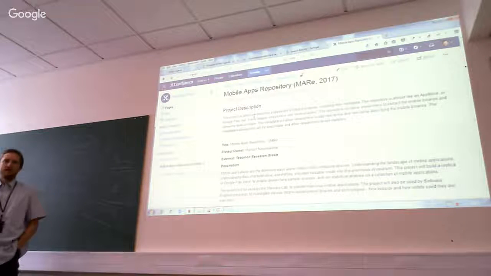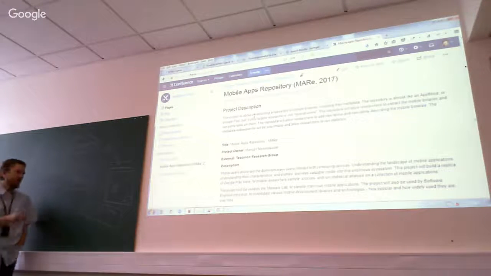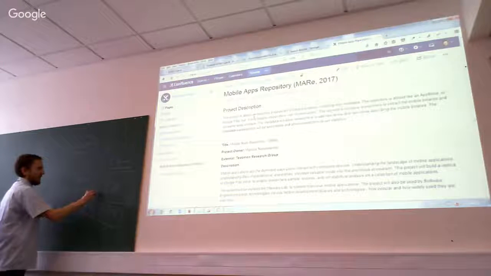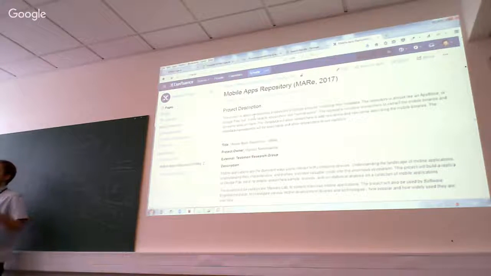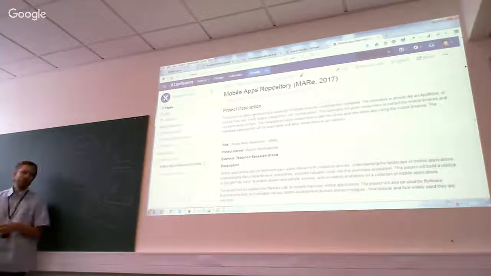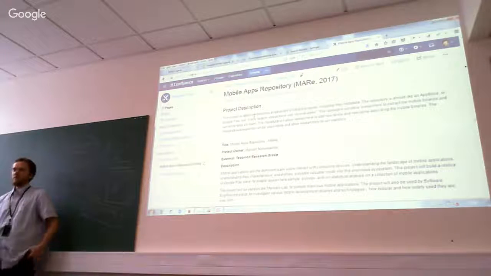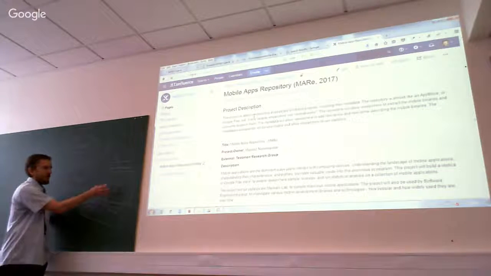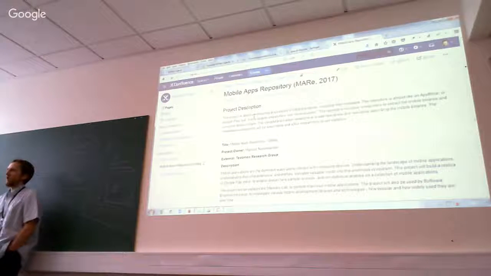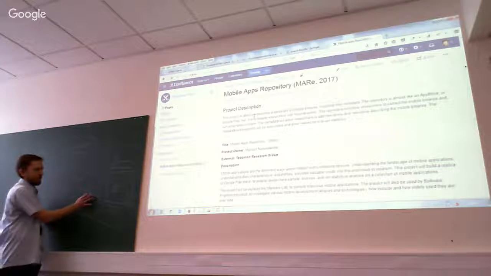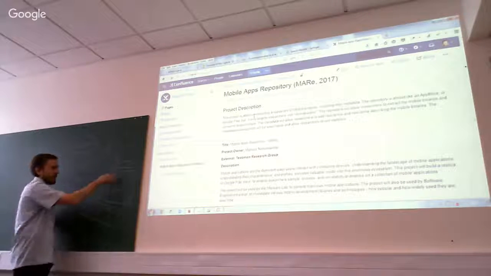There is a university in the Netherlands which has a repository of 5.5 million APKs, and we are discussing with them having some sort of a deal that we can use some of the APKs to put into our repository. So there will be ways of populating the repository once we have the infrastructure for actually storing it, right? So you don't have to deal with this bit, but design and analyze and investigate what to do here.